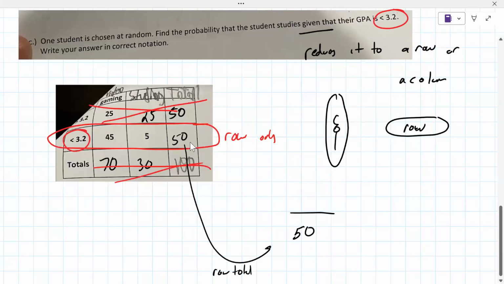We already have the total. How many of the 50 were studying? You're just looking at this row. The total is 50. I know that. How many of the 50 studied? Five. Yes, 5 out of 50. Good, that's the answer.